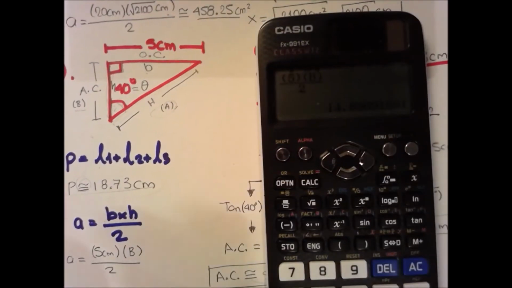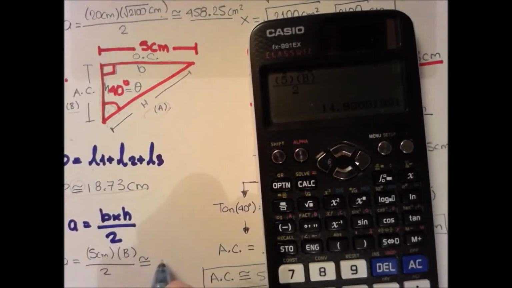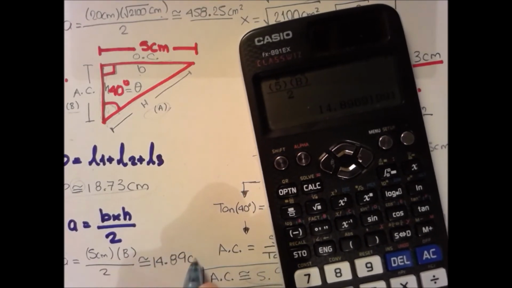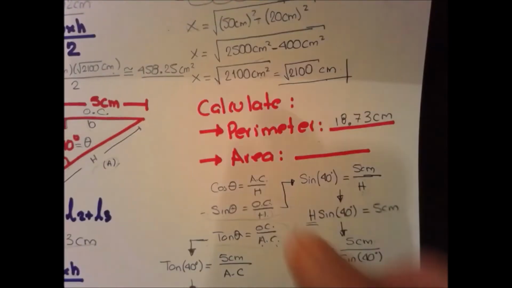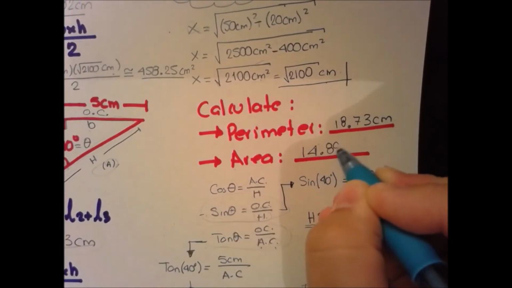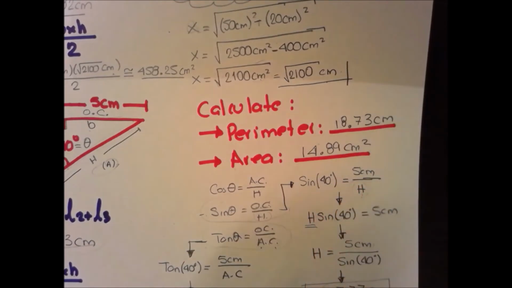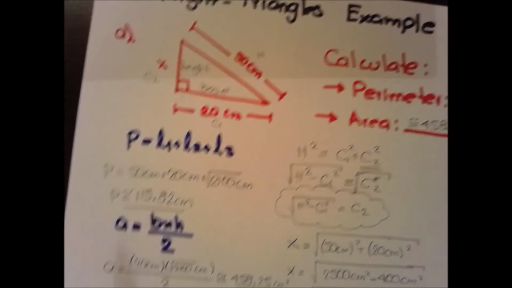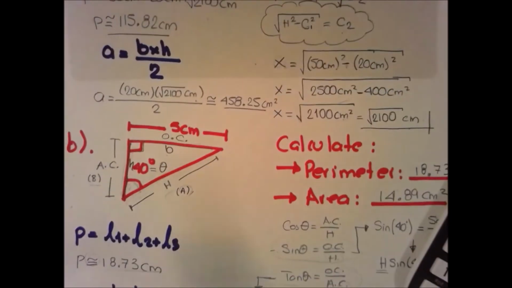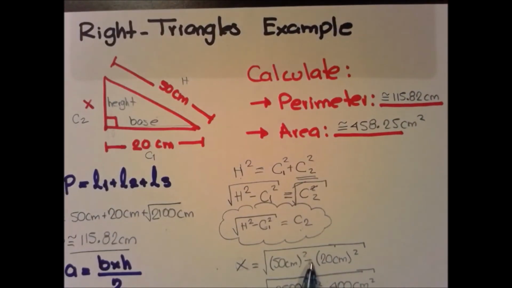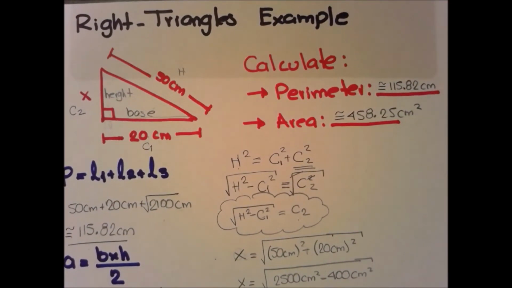It's going to be approximately equal to 14.89 square centimeters, and here I'm going to write 14.89 square centimeters. Okay, and that was the example, letter A and letter B, of right triangles using the Pythagorean theorem and trigonometric identities.